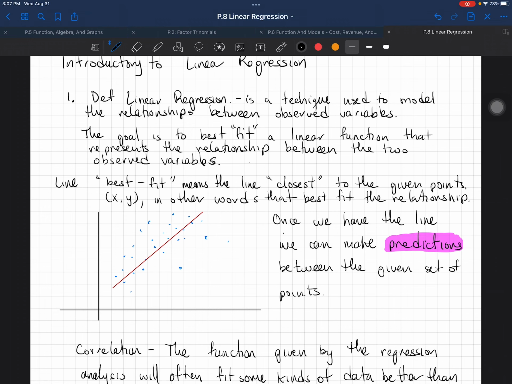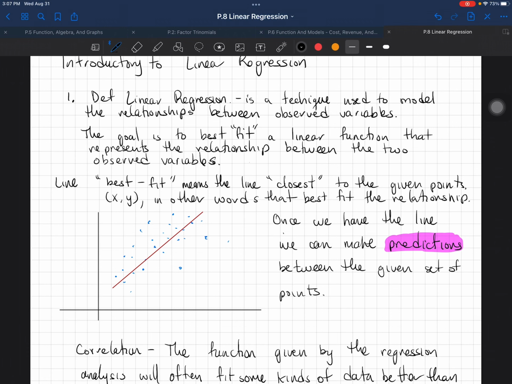What I mean is that we already have data collected and graphed, and now we're trying to find what kind of relationship we have between x and y, for example. The goal is to best fit a linear function that represents the relation between the two observed variables.